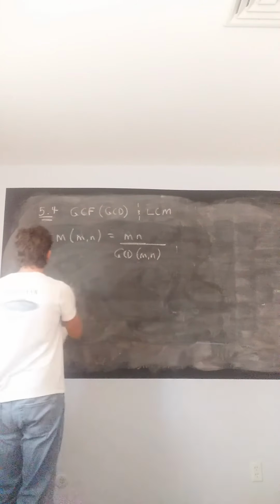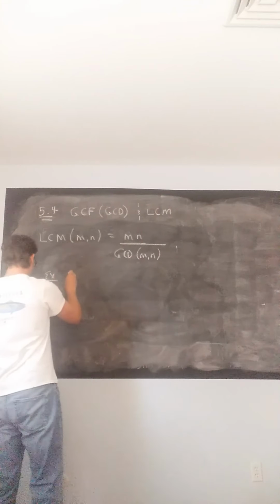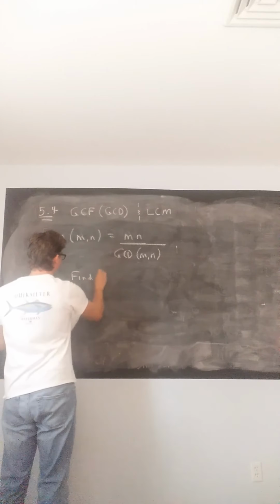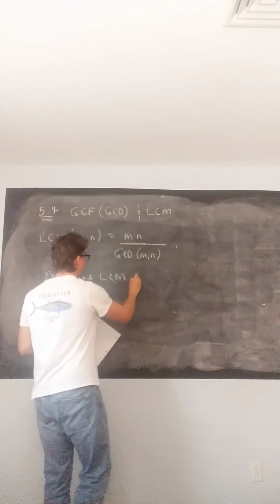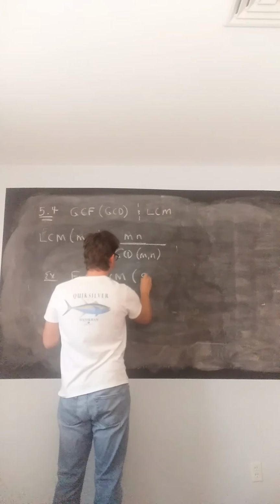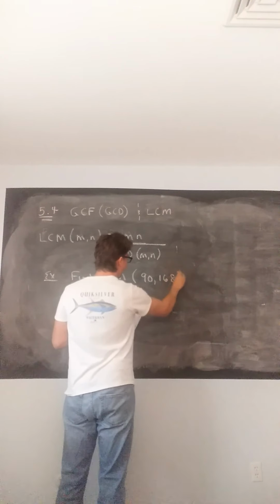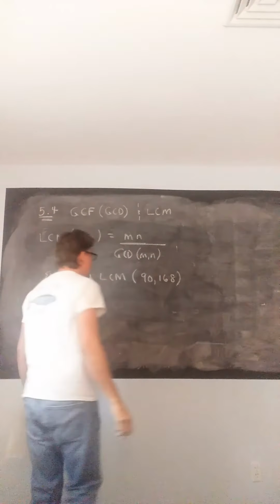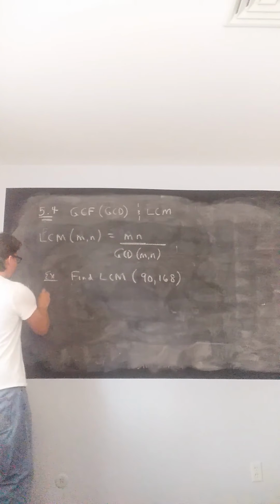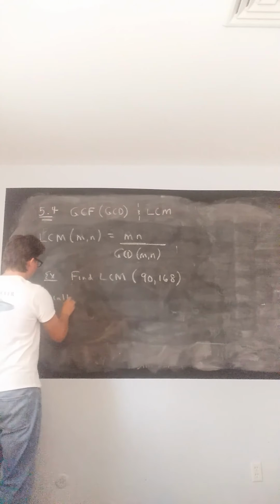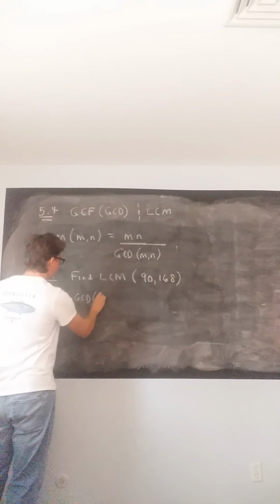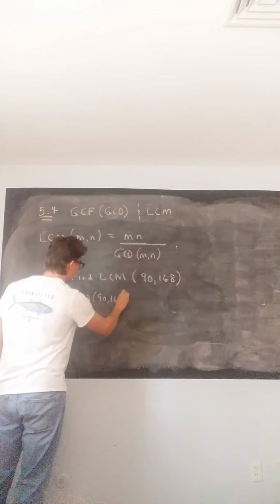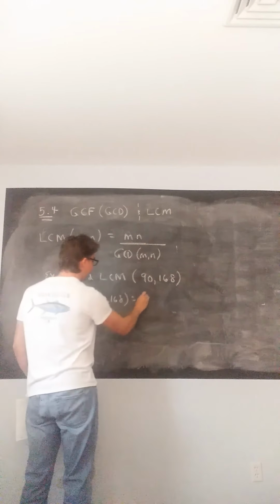So here's an example. We want to find the LCM between 90 and 168. So that was actually just the last example that we did. So recall that the GCD between 90 and 168, remember just a few seconds ago we found was 6.